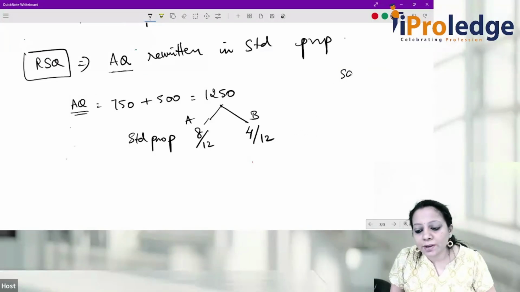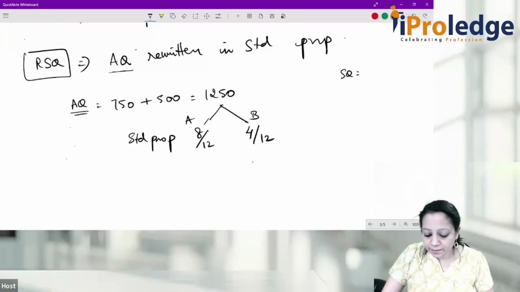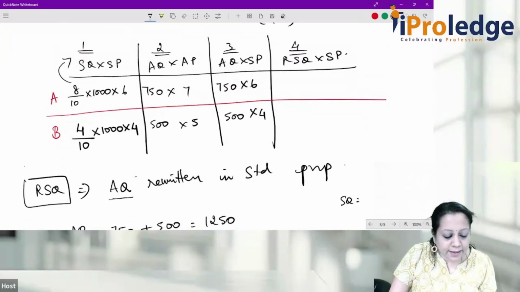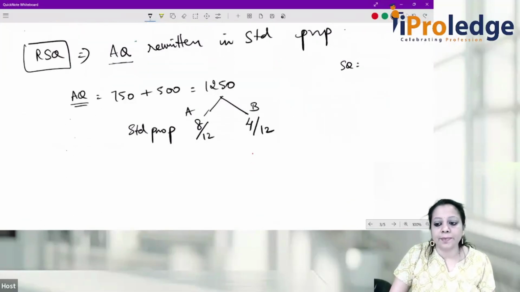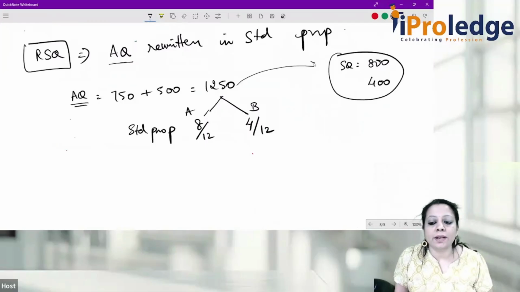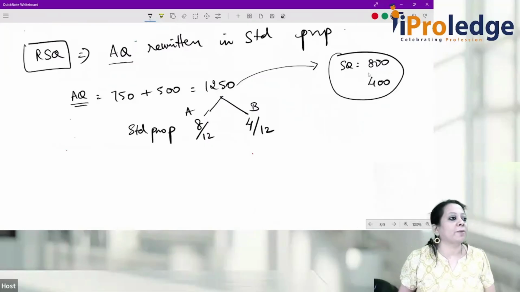Standard quantity is 800 and 400, correct? You have to distribute the actual quantity total in the standard quantity proportion. Like that you do also, you will get the same answer. Isn't it, students?